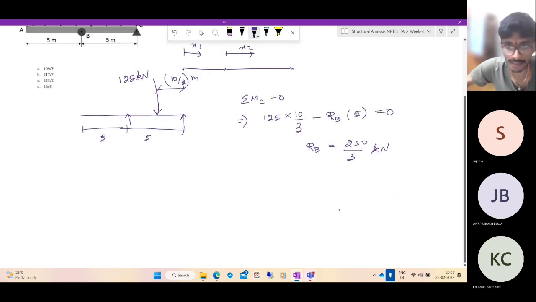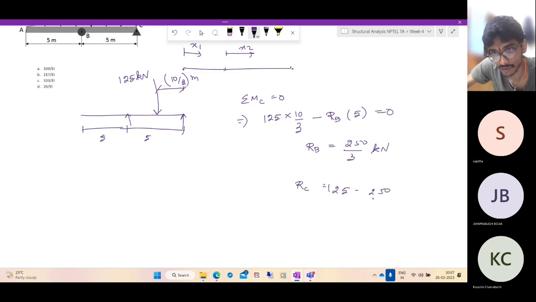And what is the reaction at C? It is 125 minus this, so 125 minus 250 by 3. So this is 250 by 2 minus 250 by 3. So it is 125 by 3.